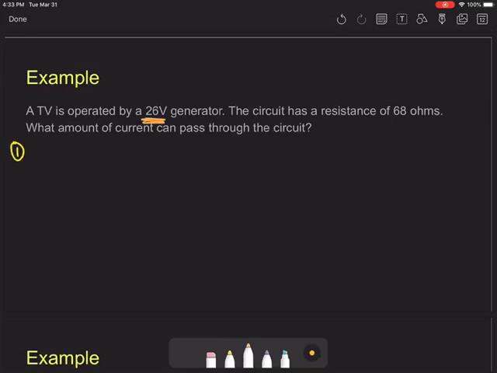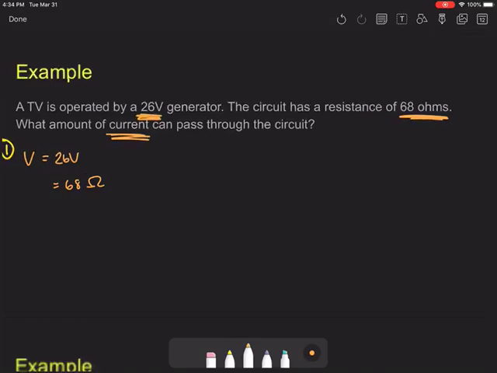So we have this value given to us, we have this value given to us, and we're looking for the amount of current. Okay, so 26 volts is actually our potential difference, our voltage. We know that because of the units. We have 68 ohms, and we know resistance has the units of ohms.